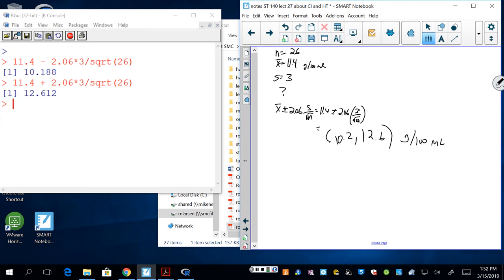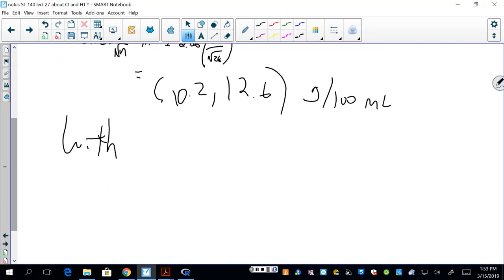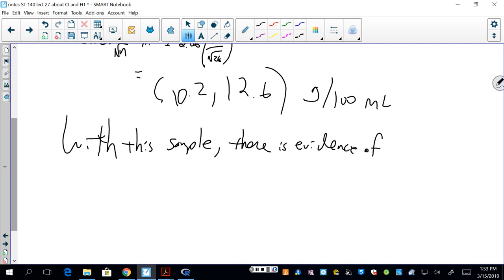If that had been the interval, based on our sample, what are we going to think about these infants now in iron deficiency? Yeah, now there's evidence that there's possible iron deficiency. With this sample, there is evidence of iron deficiency on average.